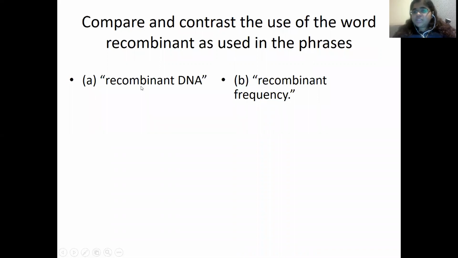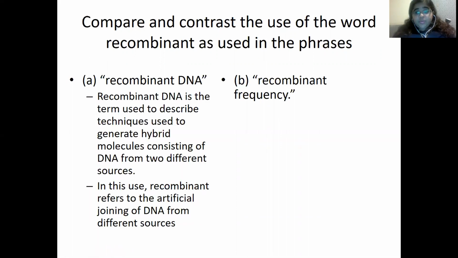in the use of recombinant DNA versus recombinant frequency. So when we talk recombinant DNA, we're talking about the technique that is used to generate different hybrid molecules that consist of DNA from two different sources.